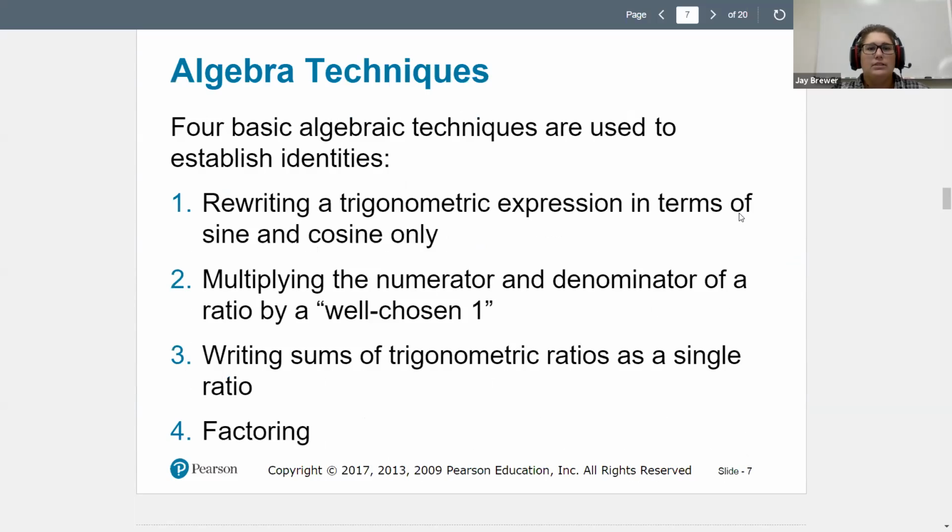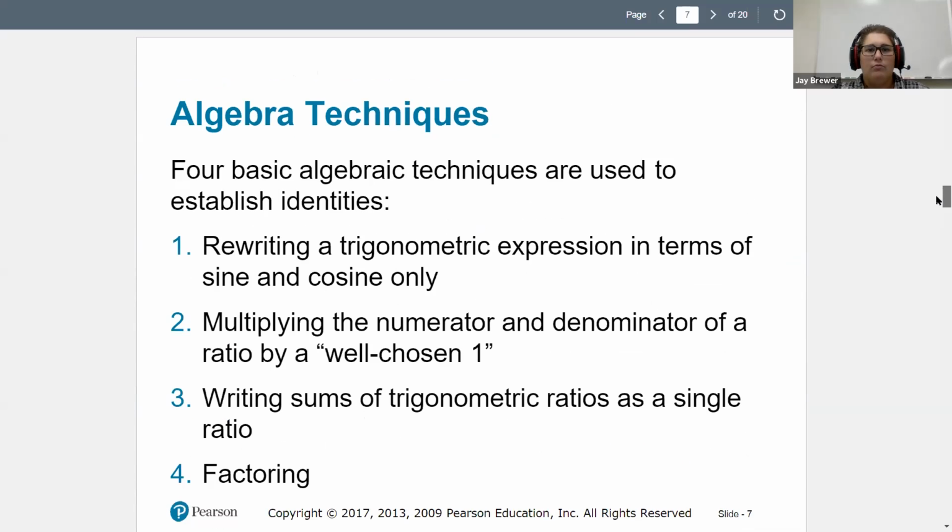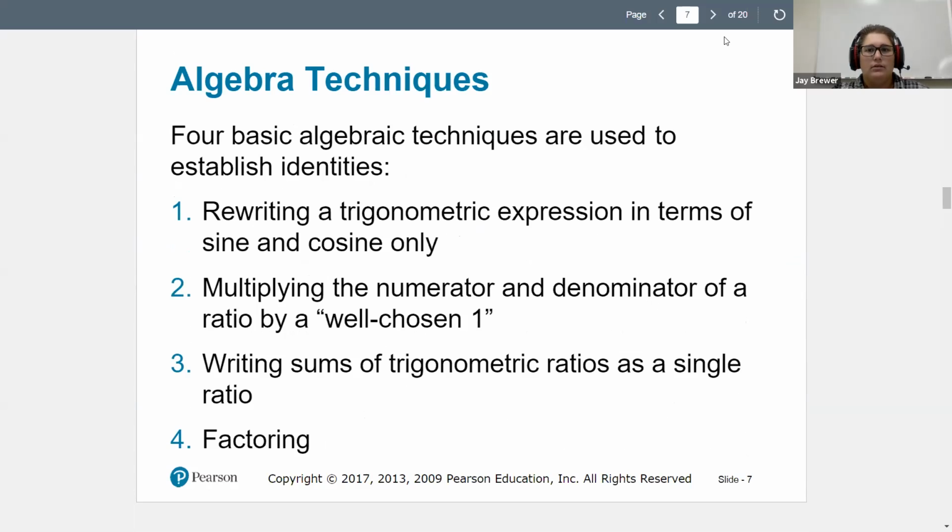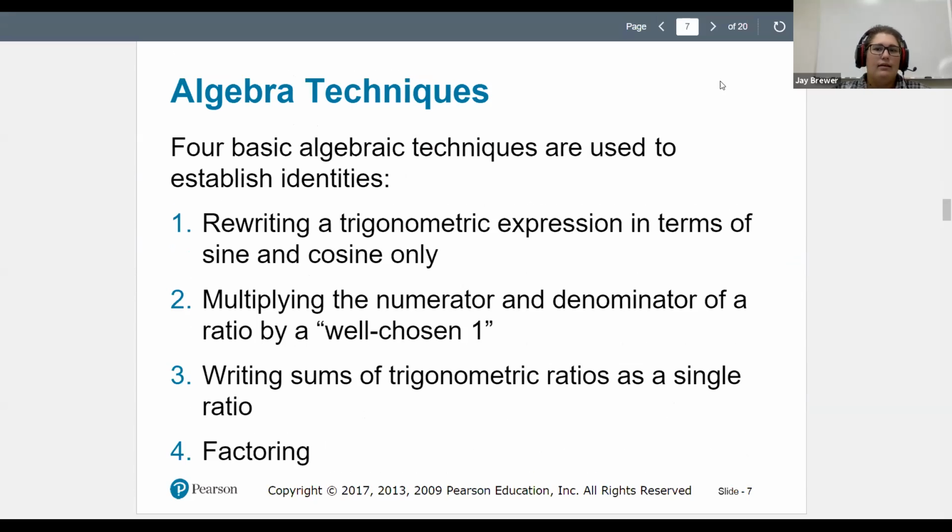Okay. Just to review, and I know most of you were pretty good with your algebra quiz, so I'm not too worried. Four basic algebraic techniques that we're going to use for establishing identities. Rewriting a trig equation or expression in terms of sine and cosine only. So that's something you might want to take note of. You want to try to rewrite them in terms of sine and cosine only. If you can get it rewritten into sine and cosine, then you're probably at a good start.